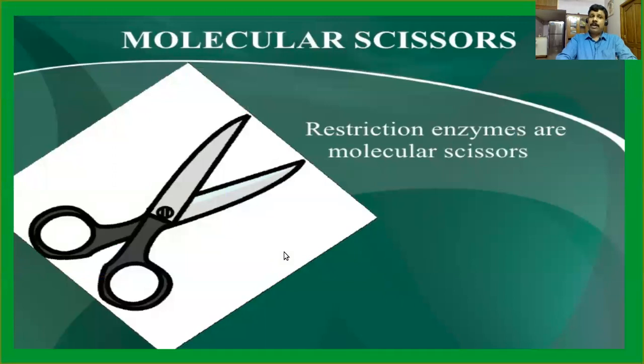Second one, you are very familiar. We have to cut the DNA molecules into fragments. For cutting the DNA molecules into various fragments, we are using restriction enzymes. Restriction enzymes are commonly called molecular scissors. Now we are going to discuss the detailed aspects of restriction enzymes.